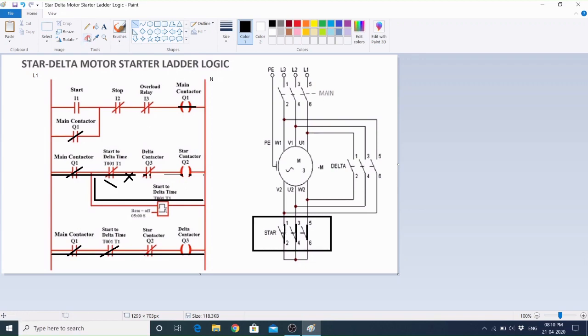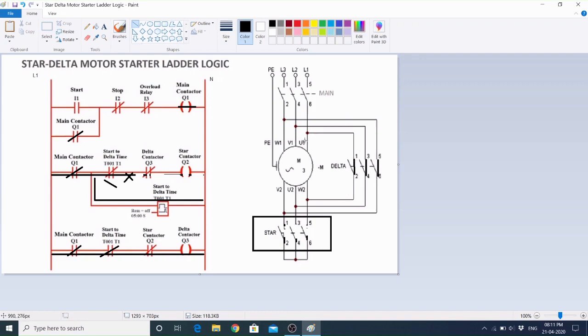This part will become again NO state, normally open state, and these power contacts will become normally closed state, that is NC state.